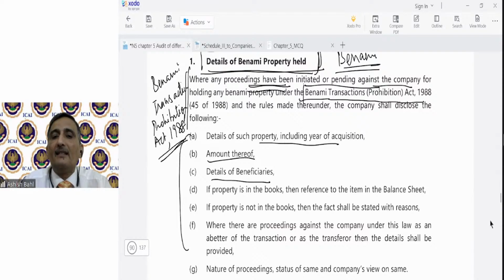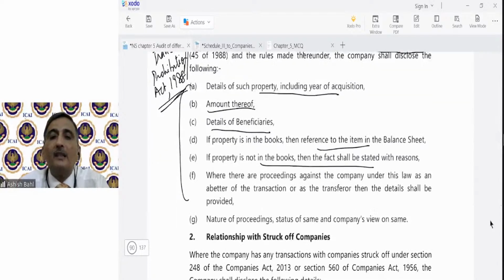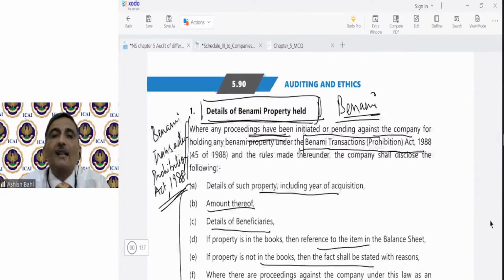If property is in the books, reference. If not in books, the fact shall be stated. Okay. So what is the nature of proceedings under this Act? So these kind of disclosures have to be made in respect of Benami properties.